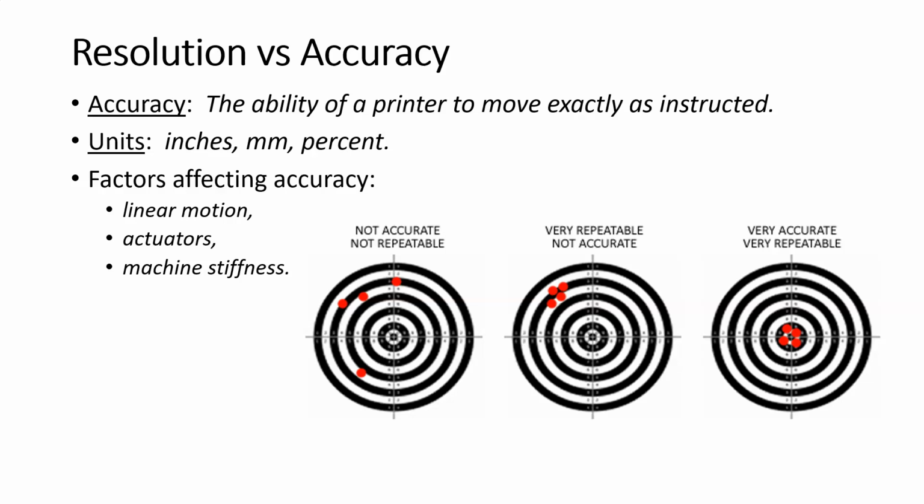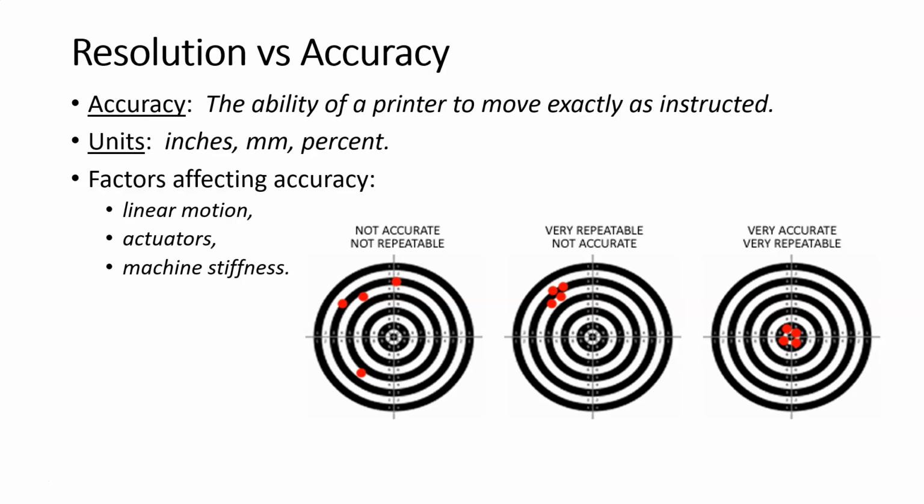Another factor that affects accuracy is the actuators. The actuators are the motors that drive that linear motion. Okay. There's other motors that are on a 3D printer. So, for example, in the material extrusion, the fused deposition model printers, there's motors that pull the filament into the print head, but mainly we're talking about the actuators or motors that move the platform and the print head and all the other motion.